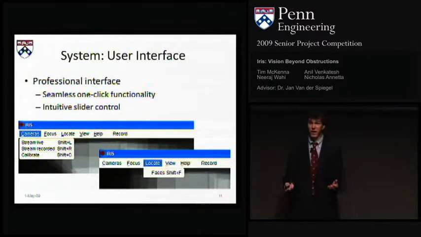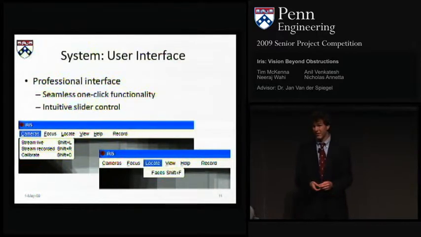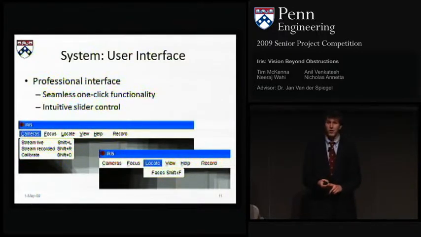Now, we have a product, and with the product comes a professional interface. And this consists of menus that allow you to record. It allows you to calibrate the camera array. It also will allow you to change the focal length, all in real time. And I should also mention, the end user is only in control of one computer.